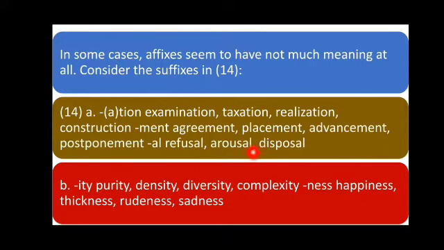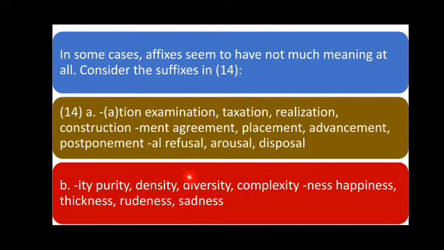Now here we have some more examples, like in B, that is ity, as in purity. We have the word pure. Pure is an adjective and purity is a noun. Similarly, dense is an adjective, and by adding the suffix ity, density, it becomes a noun.